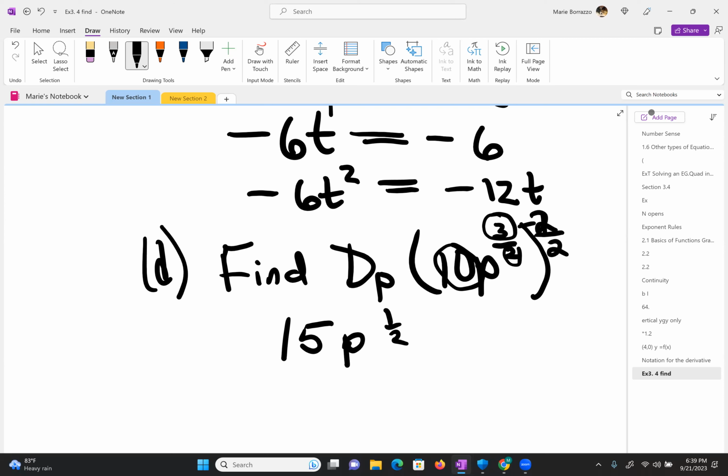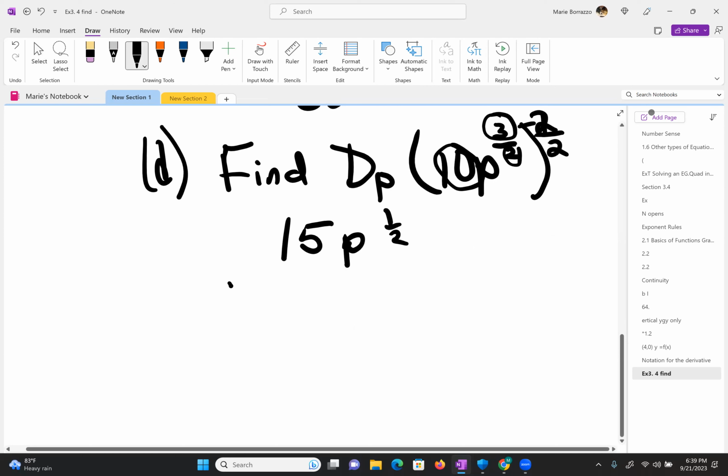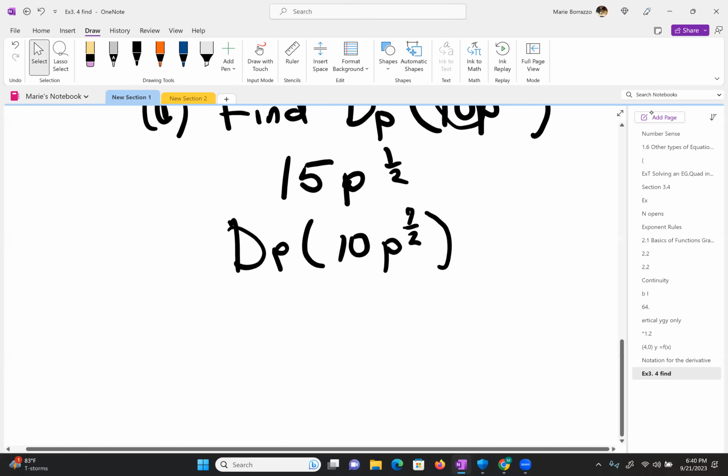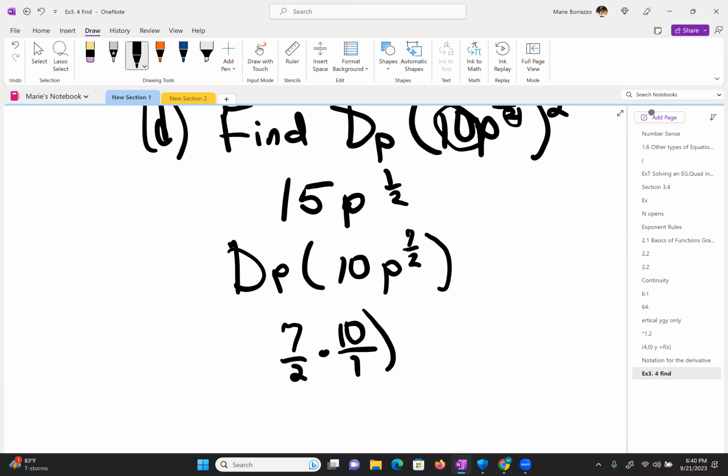Is it easy enough? We want to do another one? One more, please. Okay. So same question. I'm going to give you, find the derivative of p if I have 10p, and let's make this 7 over 2. What is the value? 7/2 times 10, or 10/1, if that makes you happy.